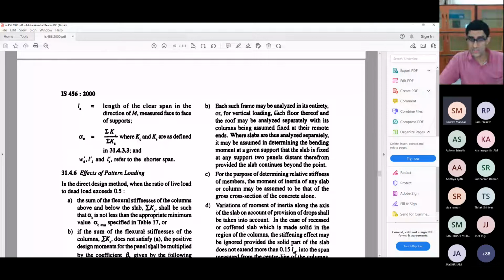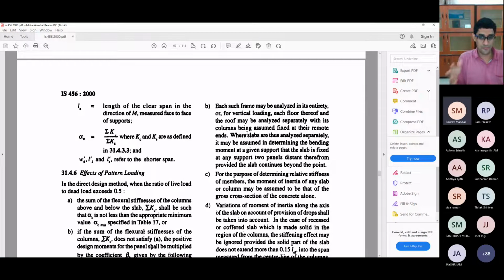Each frame may be analyzed in its entirety. If you have a frame, you may have vertical loads, you may have horizontal loads due to wind or earthquake, and you may have different combinations of loads. You may have all types of three-directional loads.